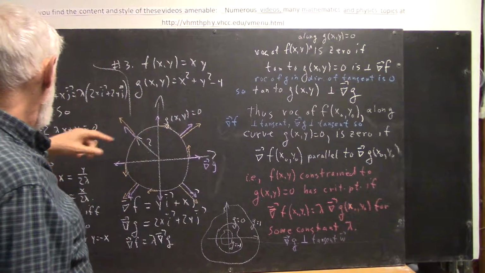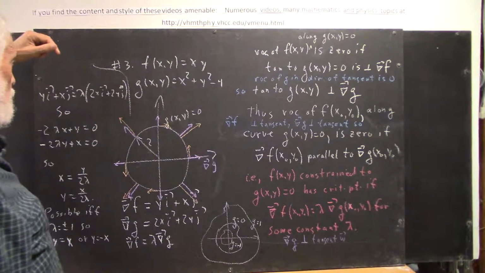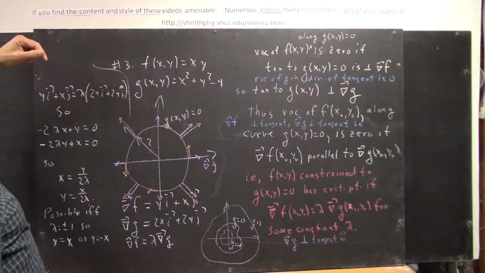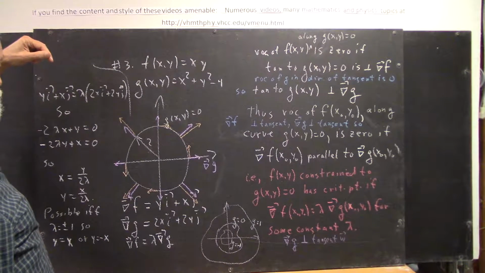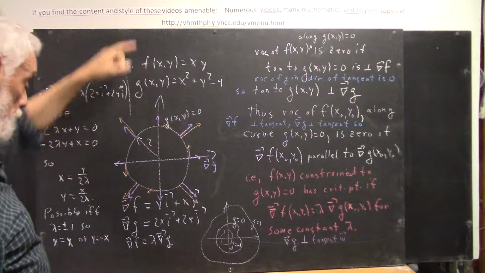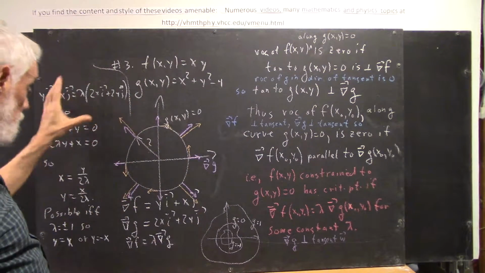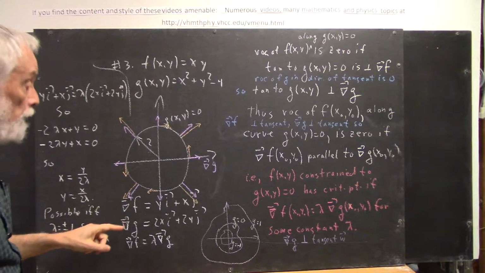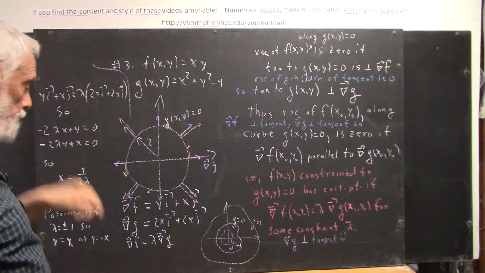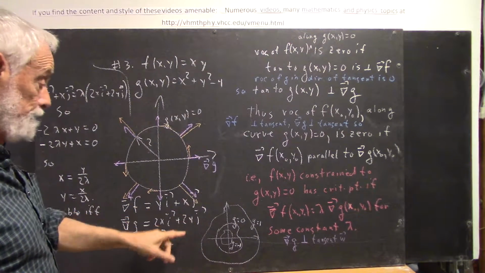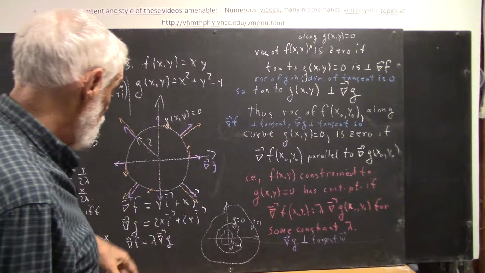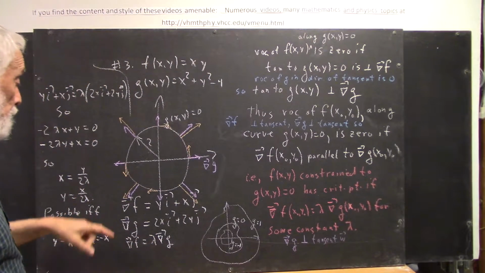Okay, so I do del f and del g here. Del f and del g are easily calculated, and I'm not going to go over the calculation. It's very straightforward.